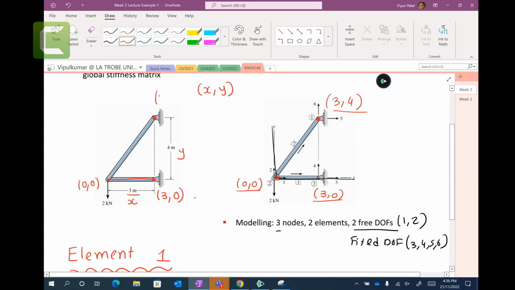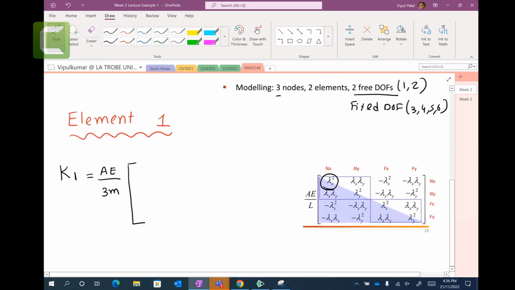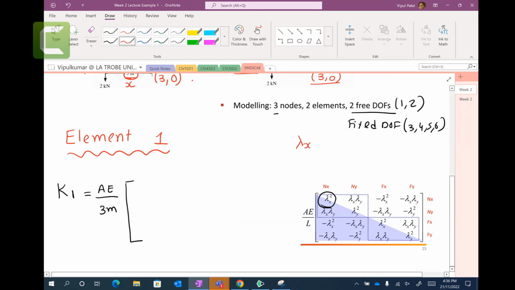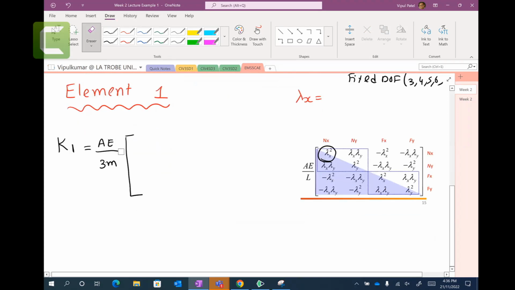If I want to come to this one, I need to go across by 3 and then go up by 4. Therefore we put 3 and 4, right? Those are the positions, the coordinates, x and y. So the equation for lambda x equals, let me draw these elements for you.